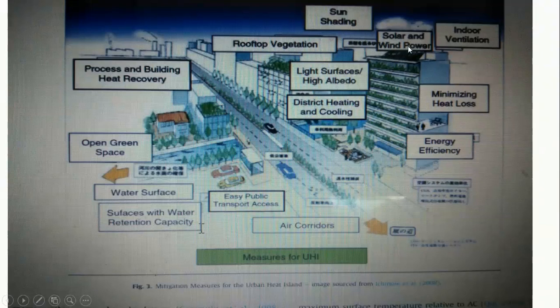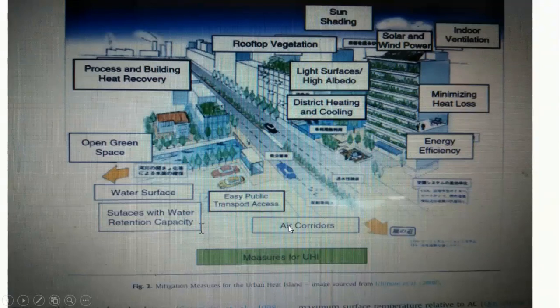And energy efficient solar panels, indoor ventilation and sun shading over the top, light surfaces and high albedo, building materials whose heat absorption is less, green space, trees and water surfaces, easy public transport access, so that there is an air corridor, and the color may be changed for reflections.